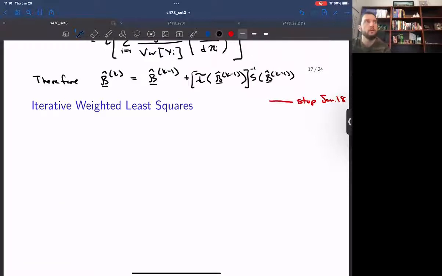Okay, so we can rewrite this equation as follows.